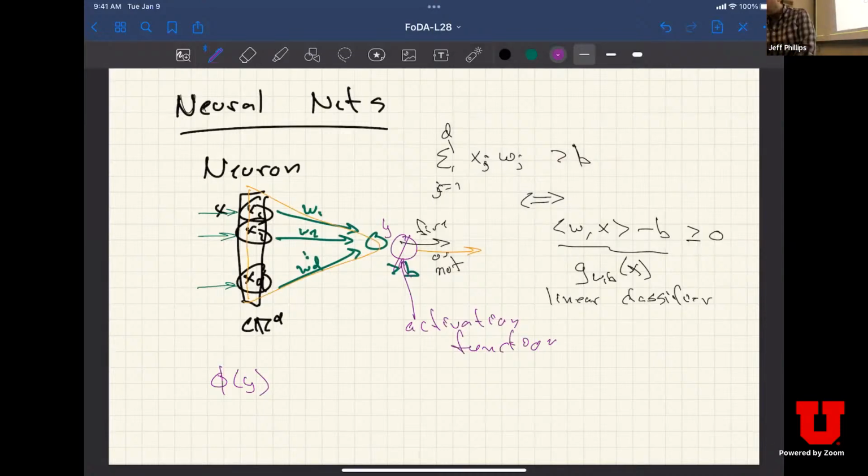But let's say this is a value y. Then the activation function, one example is the ReLU, rectified linear unit of y, which is the max of 0 and y. We saw this as a loss function when you put in z here.